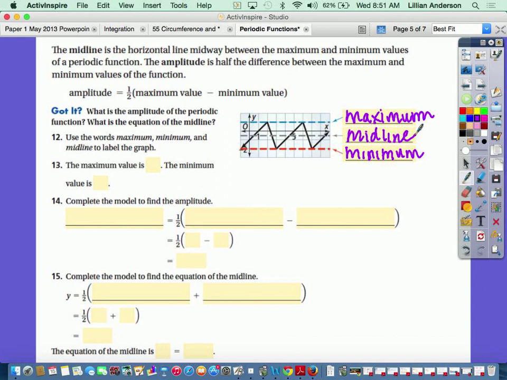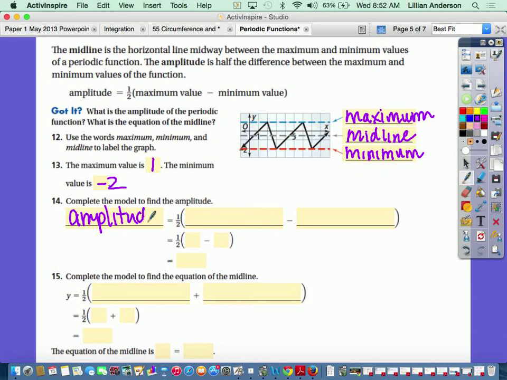Okay? So maybe you're not going to be able to see it up here, but you can definitely see it on your paper. What is the maximum value? 1. And what is the minimum value? -2.